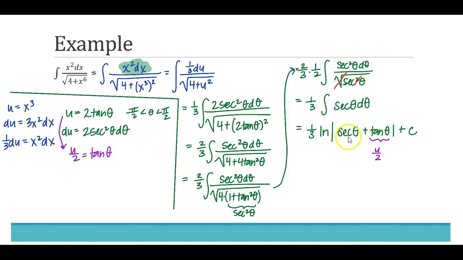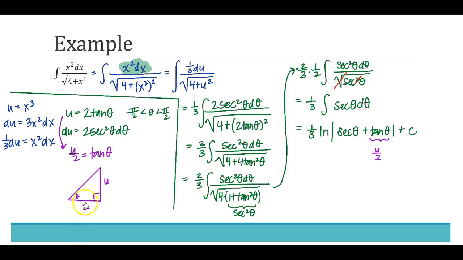And then I'm going to need to replace secant theta. Now to do that, I am going to need to draw myself a triangle. So I'm going to draw a triangle, knowing that this right triangle has the trig relationship that tangent of theta, so if this is theta, tangent of theta is opposite over adjacent. So we have u over 2. And I want to find secant theta, which is the reciprocal of cosine.